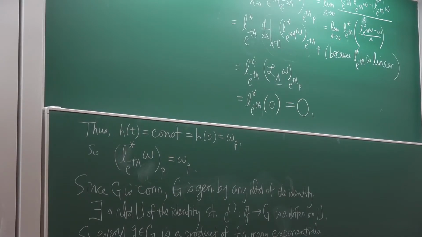Let pi, say from E to M, be a fiber bundle with fiber F, and suppose p is in E. Then the differential from the tangent space at p to the tangent space at pi of p is surjective, and the kernel is what we call the vertical vectors.